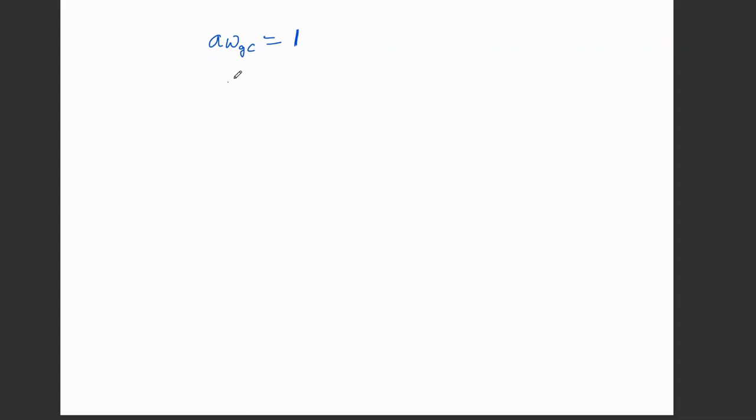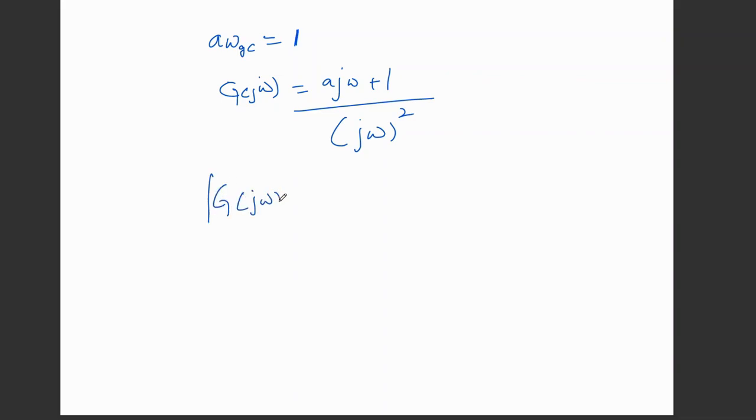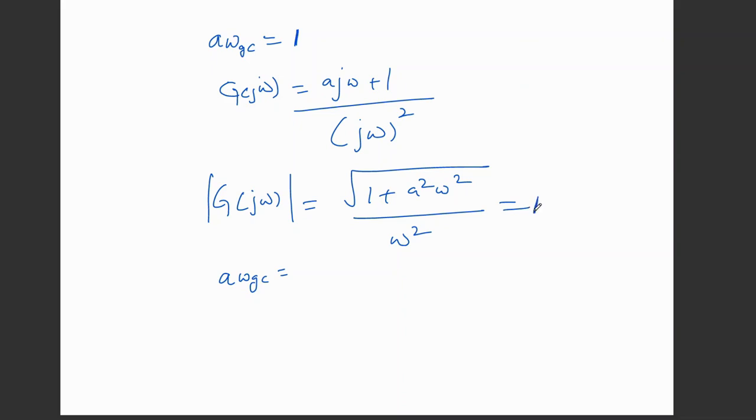And what is the G of s? G of s is (as + 1) by s square. So G of j omega is (a j omega + 1) by (j omega) the whole square. So magnitude of G of j omega is root of (1 plus a squared omega squared) by omega square. And we have to find out what is a. This is going to be 1 at gain crossover.